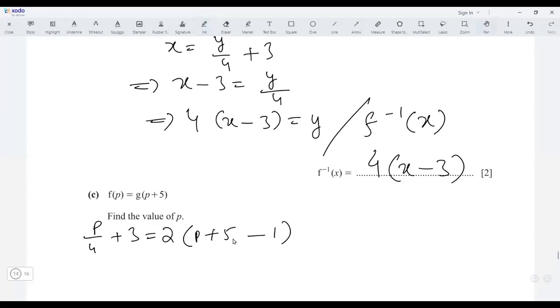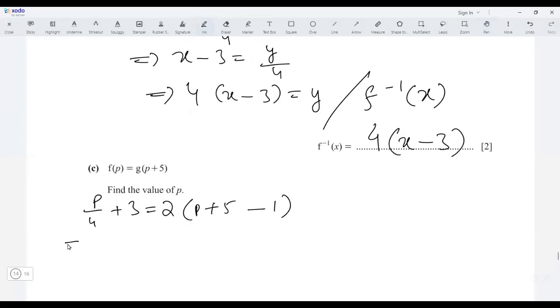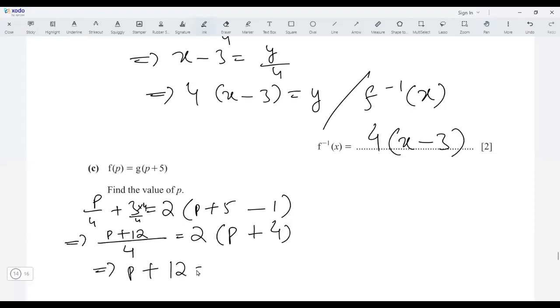Now we have to make the denominator the same, so it will be 4 here. So p plus 4 times 3, which is 12, gives p plus 12. And 2 times (p plus 5) minus 1 is multiplied by 4. So p plus 12 equals 4 times 2, which is 8, times (p plus 4).